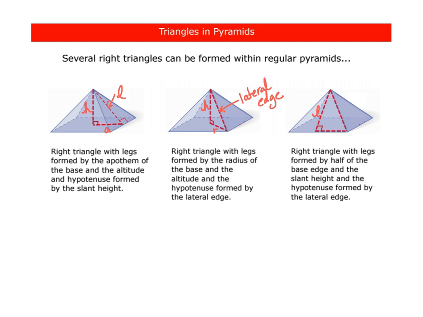This distance is the slant height. Then I have half the side length, and then also the lateral edge. So again, lots of times in formulas we'll need to use different lengths. These right triangles will help us find the lengths that are required.